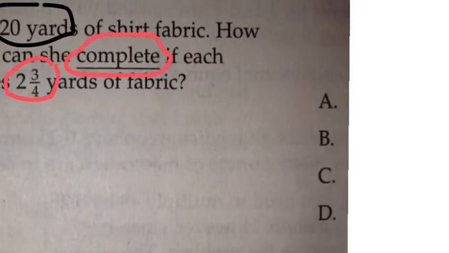Now, away from this problem, this is what they mean. Let's say you have 20 yards of fabric, and for example, each shirt you want to make requires 2 yards. Let's forget the fraction for now. So if you have 20 yards and each shirt requires 2 yards, you want to see how many 2 yards can fit in 20 yards.